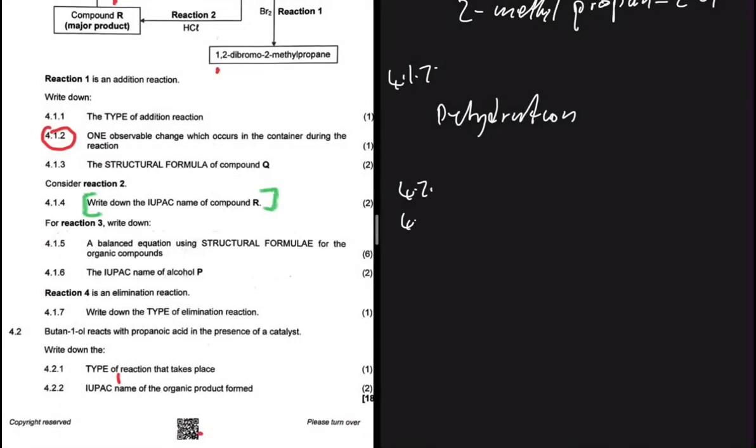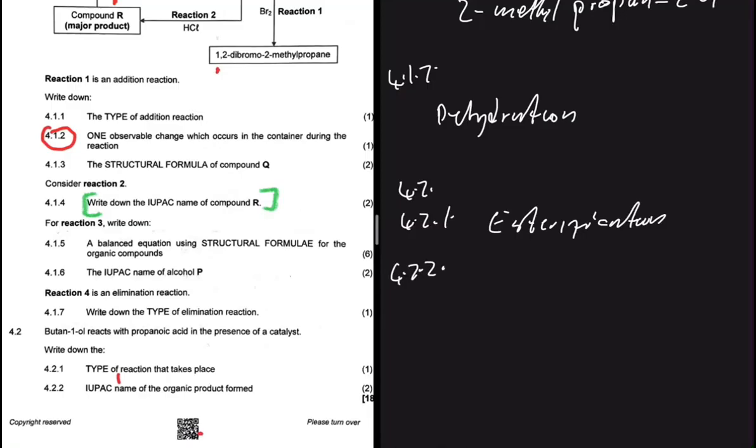4.2, we have 4.2.1. Butan-1-ol reacts with propanoic acid in the presence of a catalyst, and we need the type of reaction that takes place. So as soon as I see an alcohol and an acid, I'm thinking esterification. And then now we need the IUPAC name of the organic product formed.